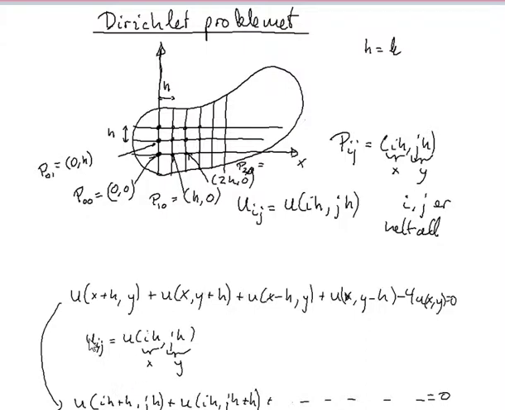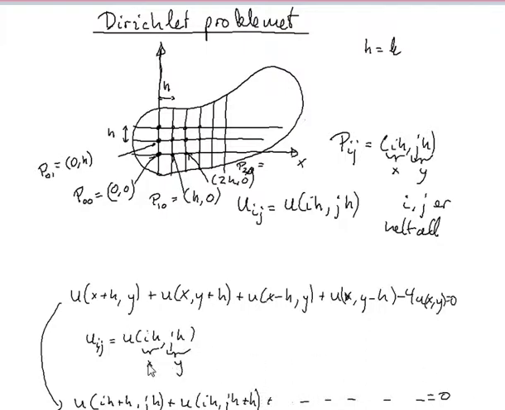Now we make a simplification. We make this symbol u_ij when we mean the value of u at the point with x value ih and y value jh.